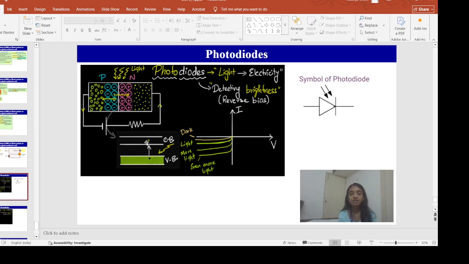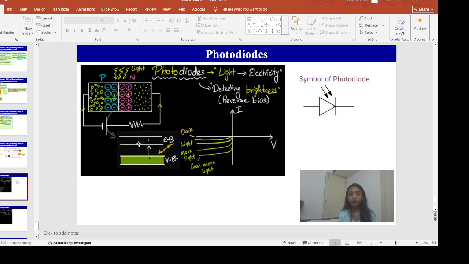That means this electron that got excited into the conduction band and became a free electron will, after some time, recombine with the hole in the valence band and release the same amount of energy that it absorbed from the photon.